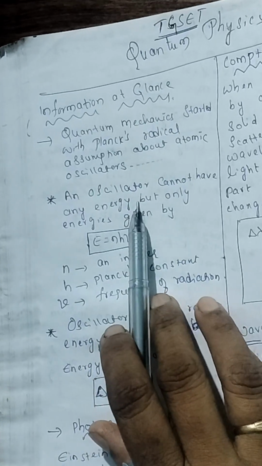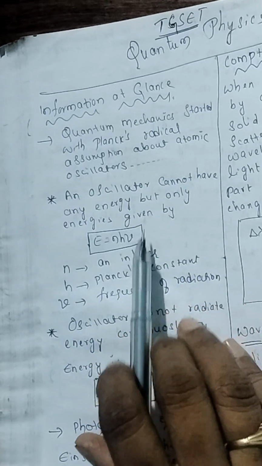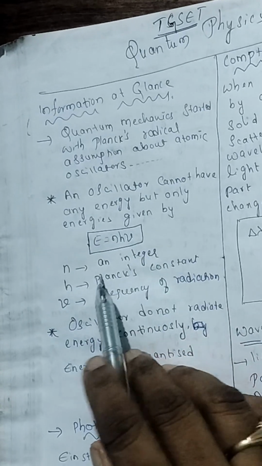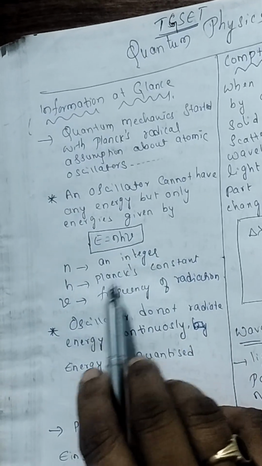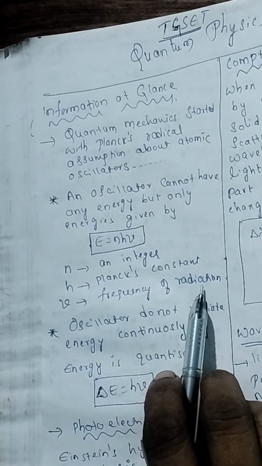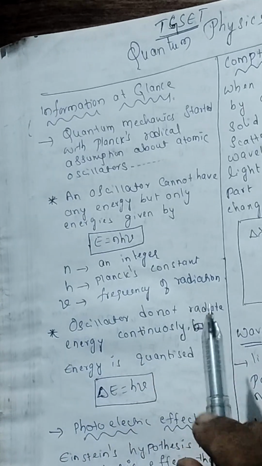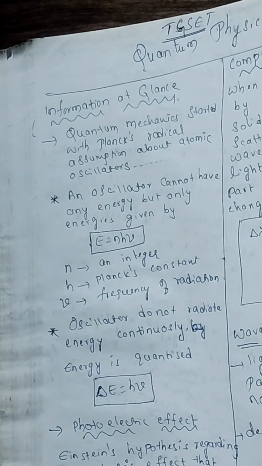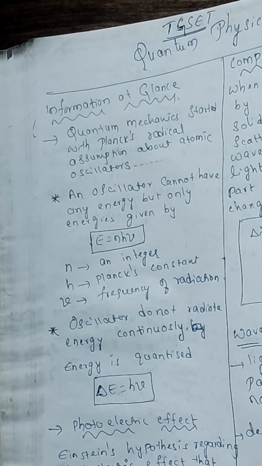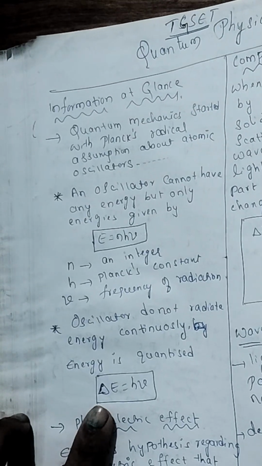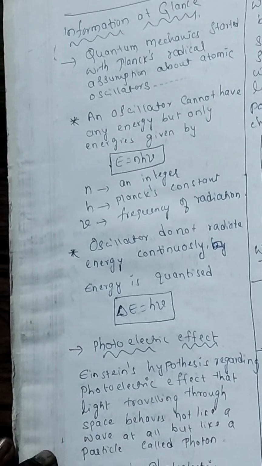It doesn't have any energy, but only energies given by E equal to n h nu, where n is the integer, h is the Planck's constant, nu is the frequency of radiation. Now, oscillators do not radiate energy continuously. Energy is quantized. Delta E is equal to h nu.